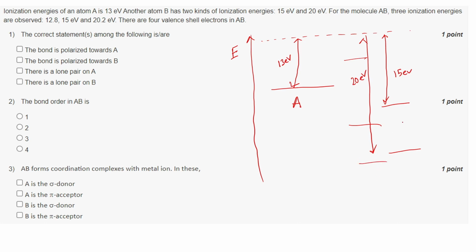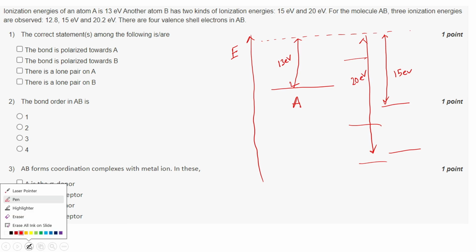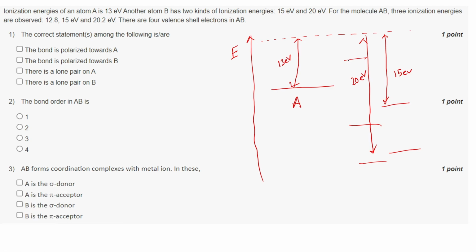So from XPS, this technique is called XPS, X-ray photoelectron spectra. Okay, so for the molecule AB, they are getting three ionization energies. That is because they are having three MOs, three molecular orbitals. Let me draw in a different pen color. So this is one of the MOs, this is one of the MOs, and this is one of the MOs.